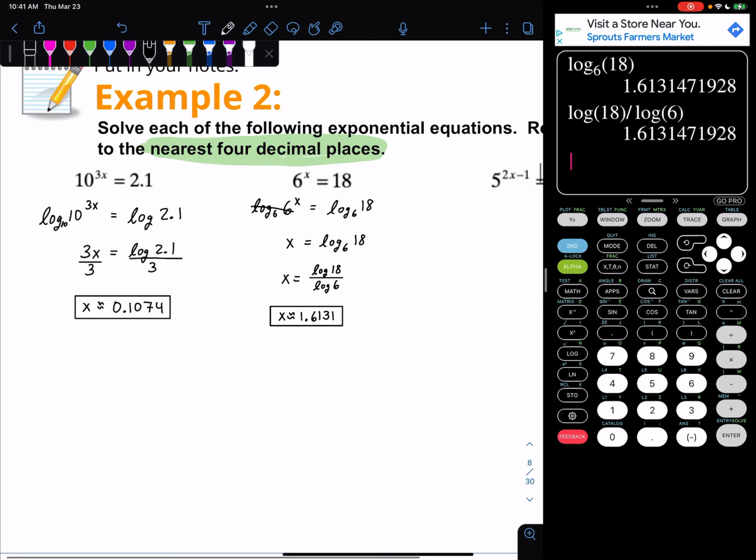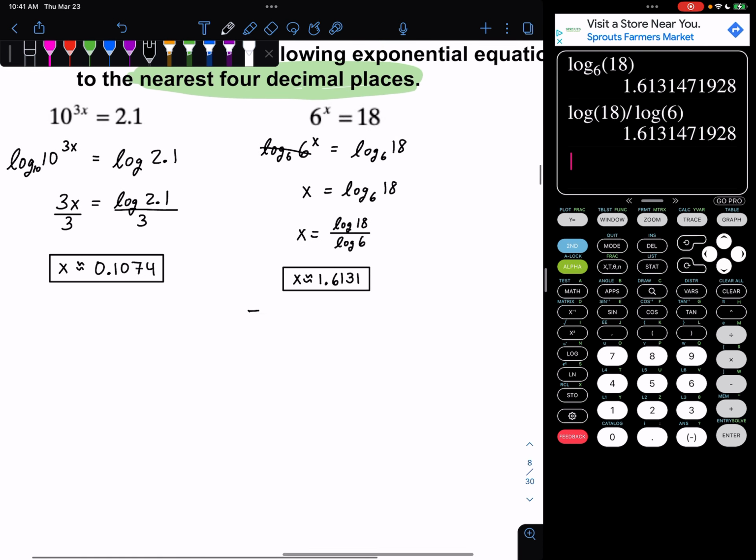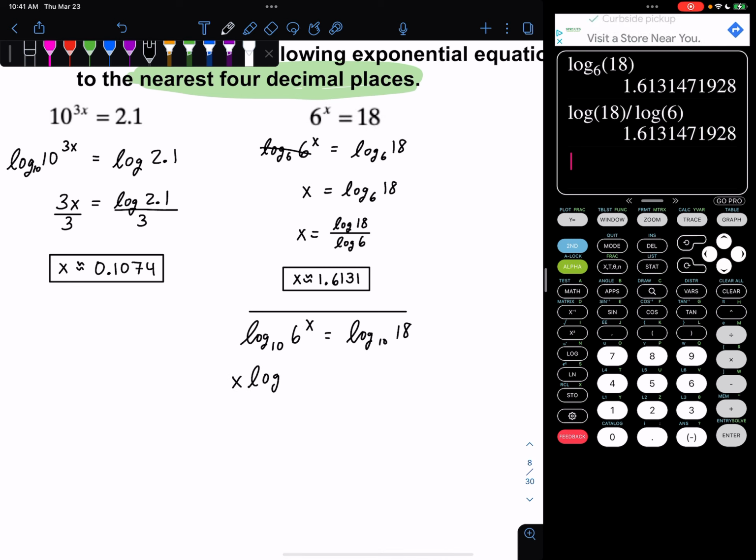You can also... So continuing on. This middle problem has another way of doing it. The other way of doing this problem would be to put log base 10. It will still work, of 6x is equal to log base 10 of 18, right? The x gets moved in front. X times log 10 of 6 equals log 10 of 18.